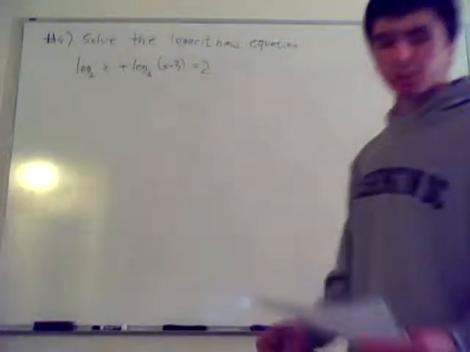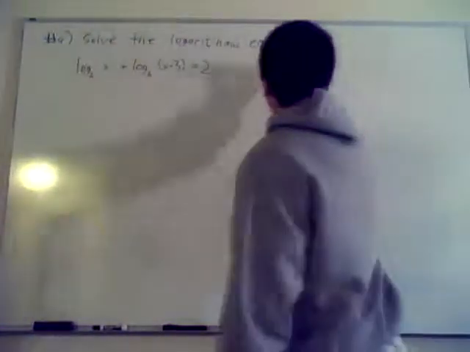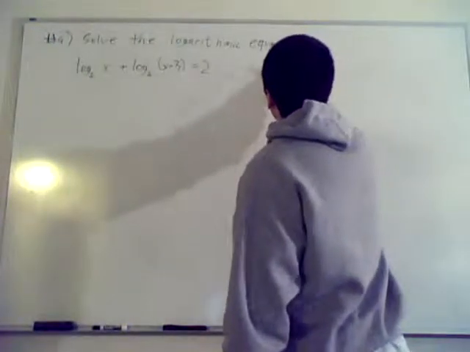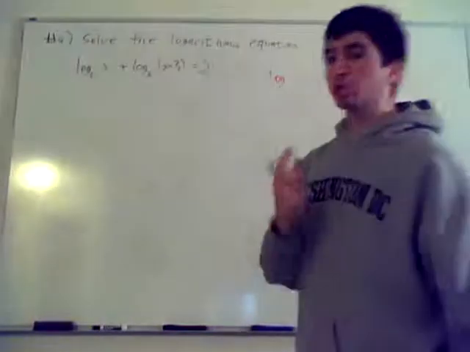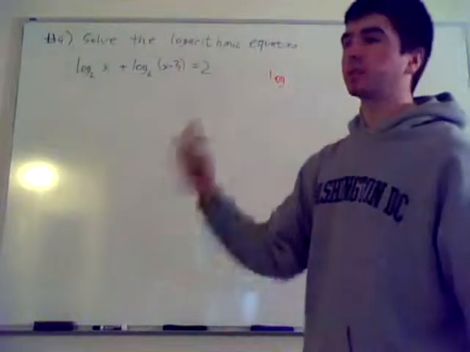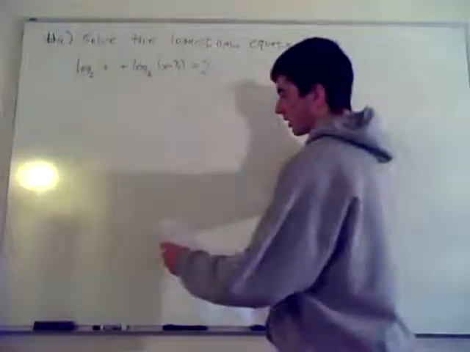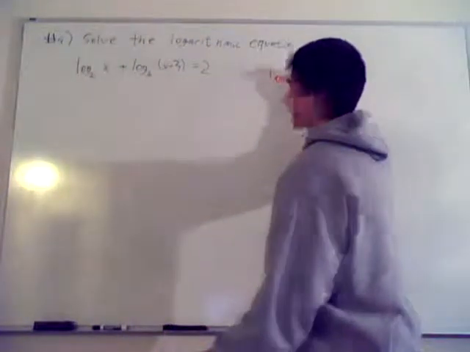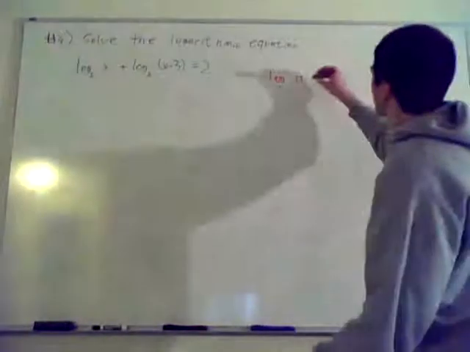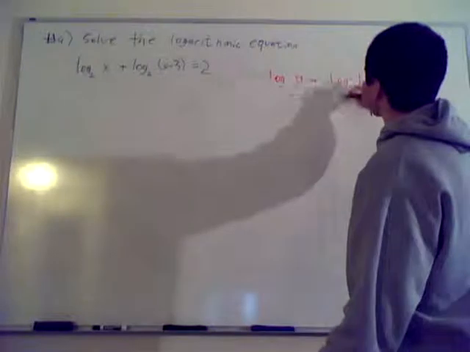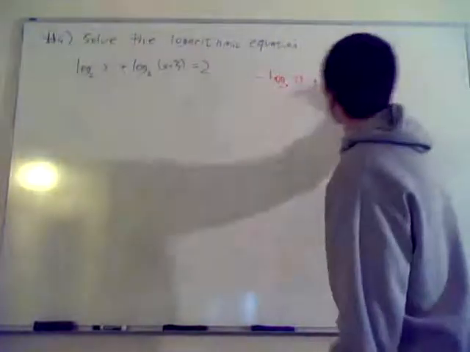So here's a log rule that you should remember. Log of, and with log, I mean any log. Log base 2, log base 3, log base 10, log base e, which is natural log. So log of a, and with a I mean any number, plus the log of b. Important to note, the base down here has to be the same.